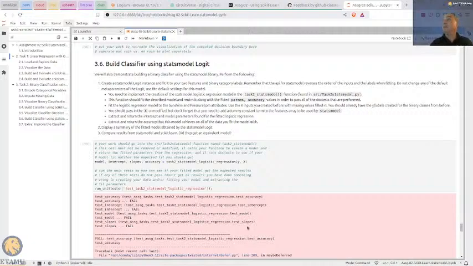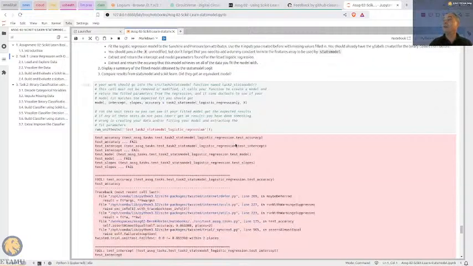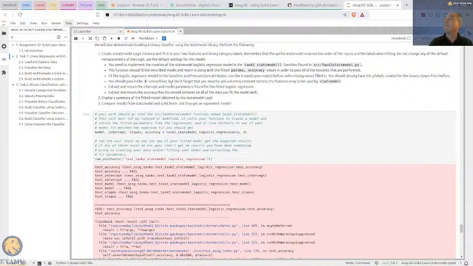The other big one is that you need to add in by hand, by calling a function, what's known as a dummy intercept parameter for x. If you don't do that, you probably won't be able to pass the tests for this last one, because you won't get the right fit for the logistic regression model using StatsModel.